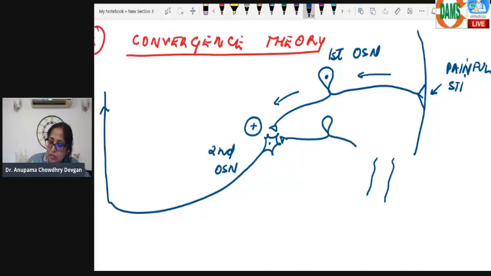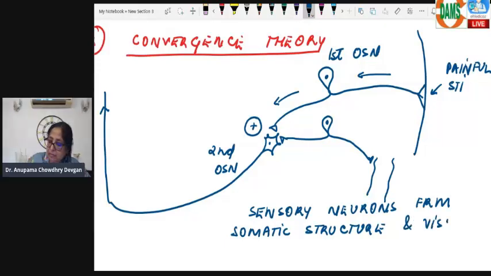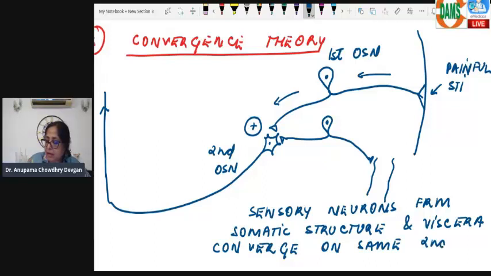Sensory neurons from a somatic structure and the viscera converge on the same second order sensory neuron, right?